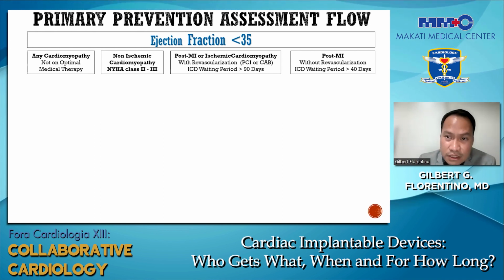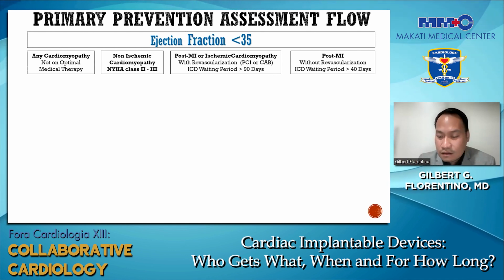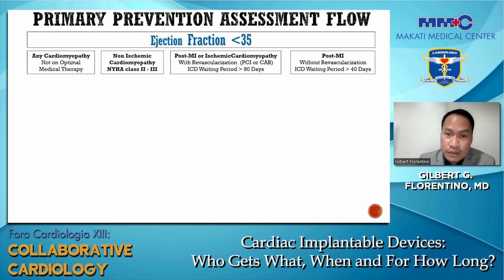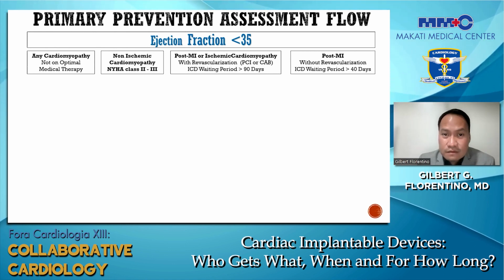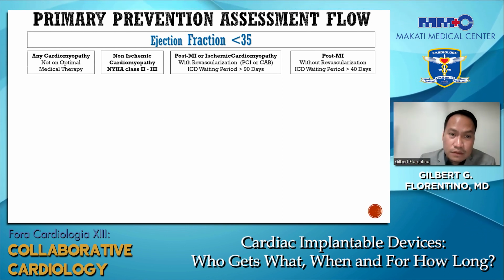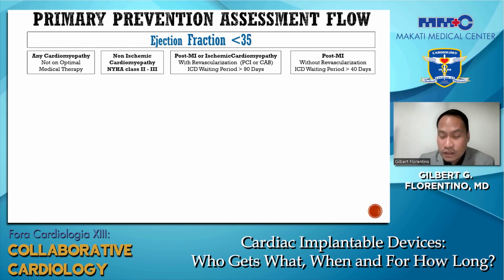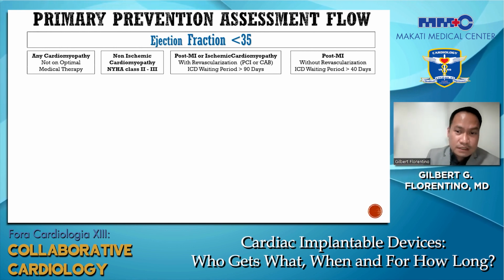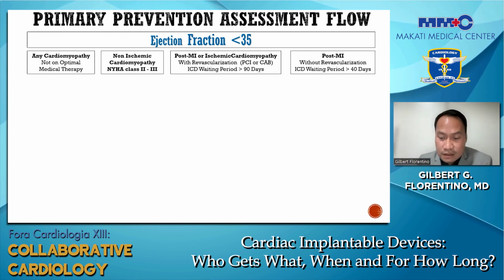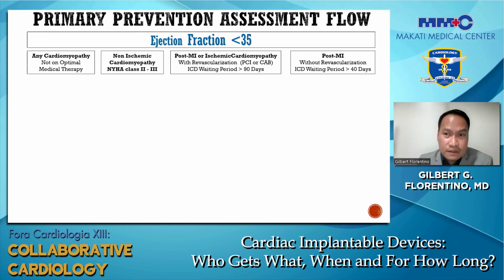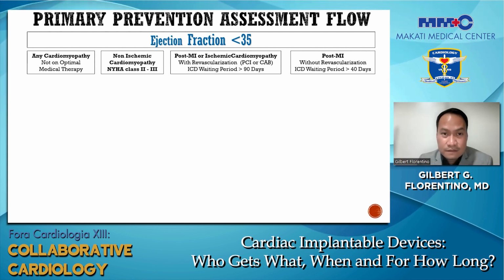For those patients with ischemic cardiomyopathy who underwent complete revascularization, whether angioplasty or bypass, will require a waiting period of 90 days before evaluating for ICD for primary prevention. And for non-ischemic cardiomyopathy with NYHA class 2 or class 3, and the remaining cardiomyopathies, will require a 90-day waiting period as well to evaluate if they're a good candidate for primary ICD implantation.